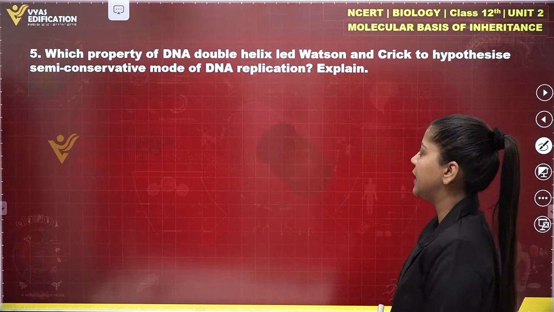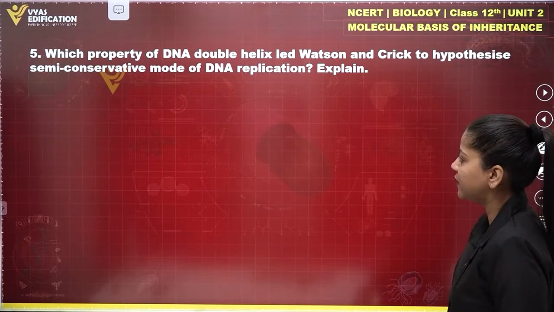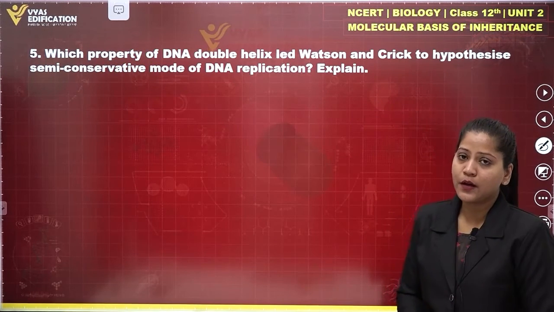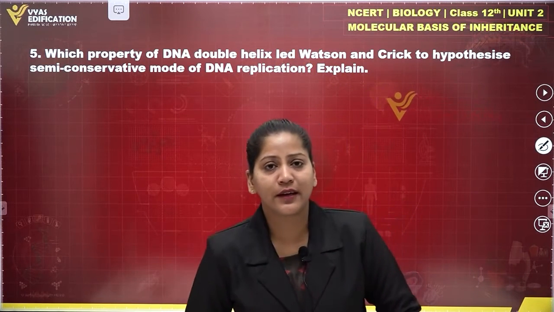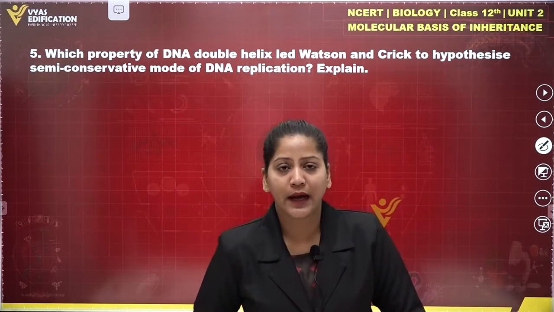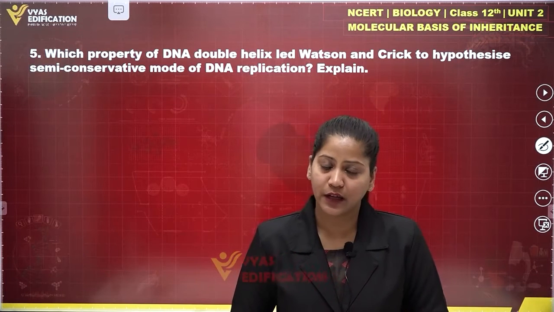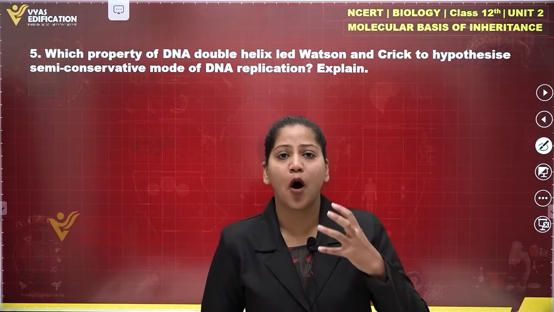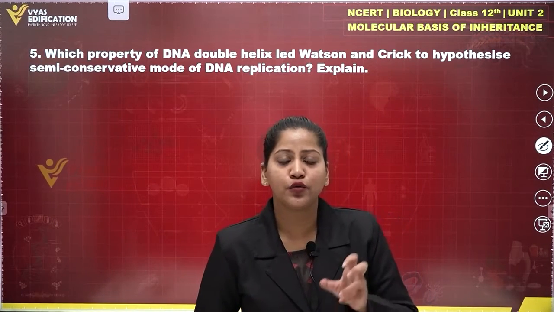Which property of DNA double helix led Watson and Crick to hypothesize a semi-conservative mode of DNA replication? Explain. So to answer this question, we know that Watson and Crick were the two scientists who observed that the two strands of DNA are present in anti-parallel direction and have opposite polarity. They observed the anti-parallel arrangement of two strands of DNA.